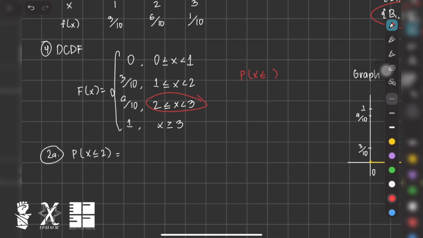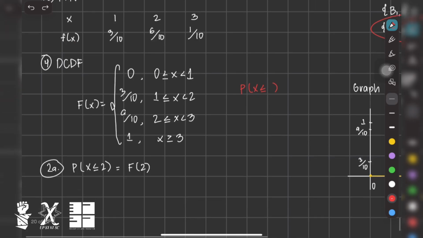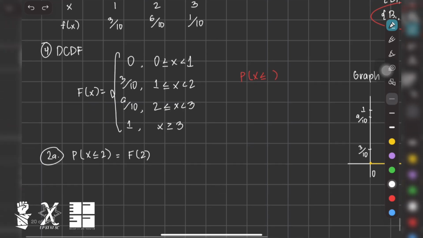So its value is capital F of 2, because that's what we call the value for our cumulative distribution function, as opposed to the small f we use for our PMF. Since F of 2 is inside this constraint, we simply plug that value in. So it's 9 over 10. That's how simple it is.